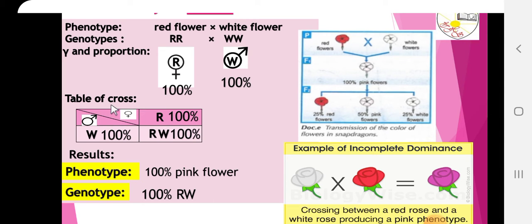So this is the table of the cross. Here we have R and here we have W. When they cross together, they give RW, which is the pink flower. So what is the phenotype and the genotype of the offspring? Phenotype: 100% pink flowers, and genotype: 100% RW. Okay?